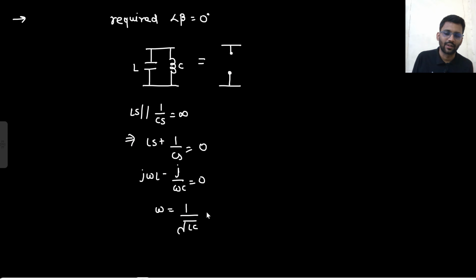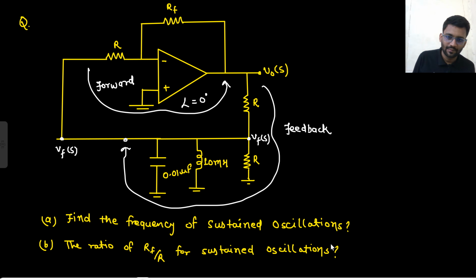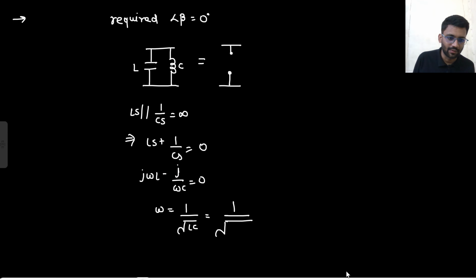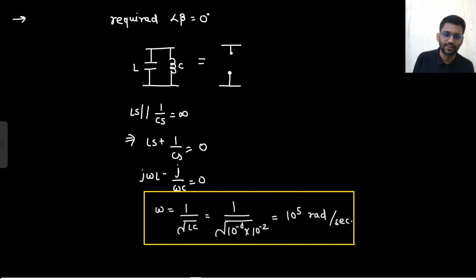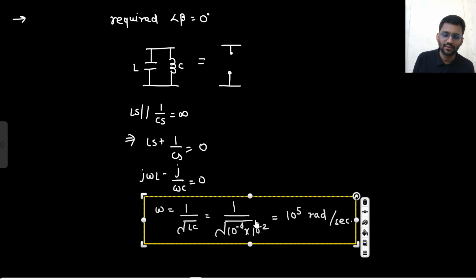So if you put the values, you get 10 to the power 5 radian per sec. This is the frequency of oscillations. This was the first answer.